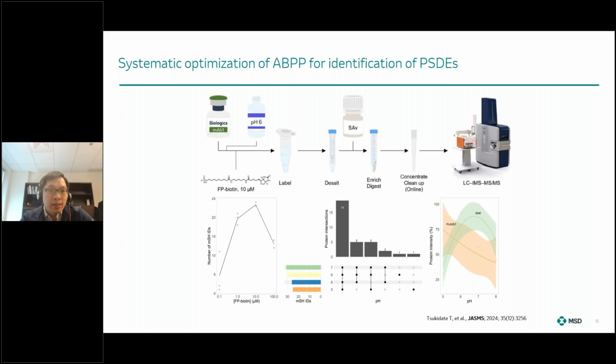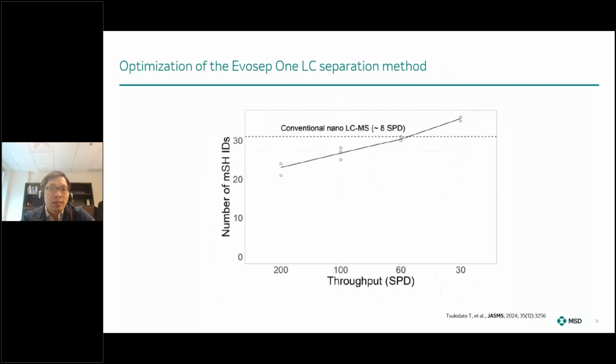Through a DOE design, Taku found that the FP-biotin concentration and the initial pH condition during the incubation step led to the most significant improvement in ABPP sensitivity. As I mentioned, this work relied on a significant DOE design with a lot of samples to be tested, and the Evosep really helped a lot in terms of throughput.